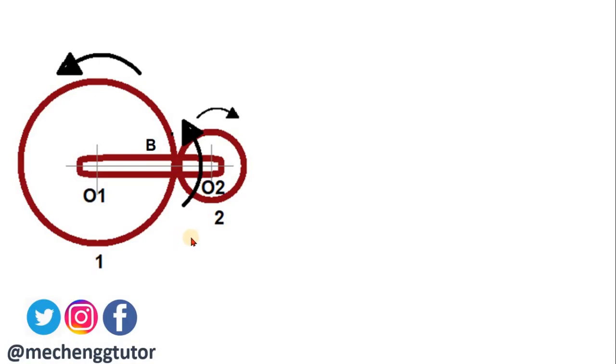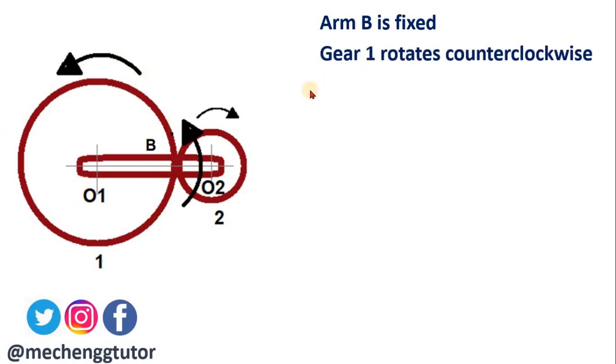So with this concept of epicyclic gear trains in mind, we make some assumptions. So the first assumption we make is the arm B is fixed, that is we keep this arm B fixed, that is O1 and O2 is also fixed. Then this gear 1 rotates in counterclockwise direction is the second assumption.